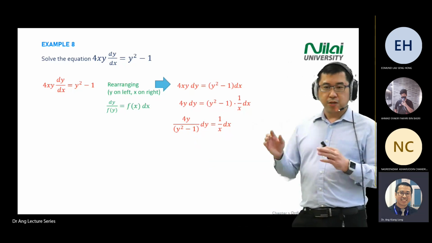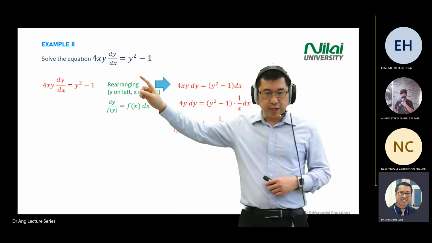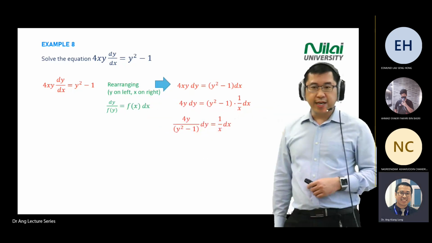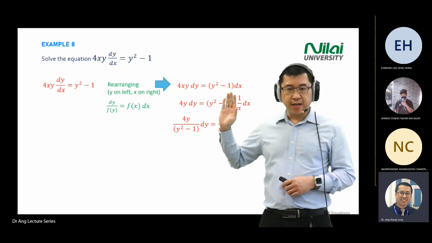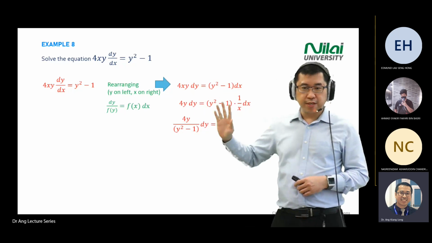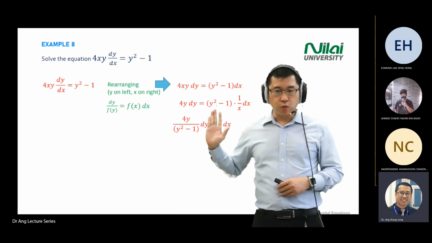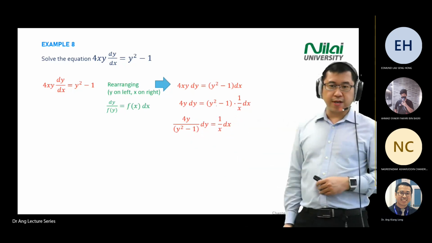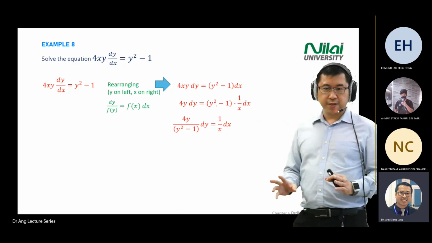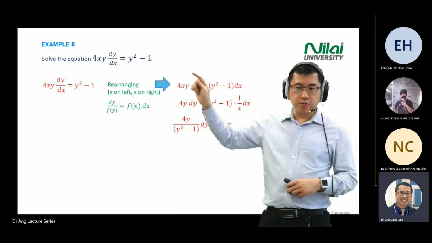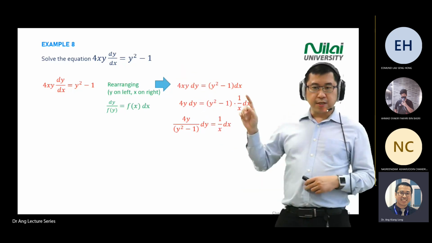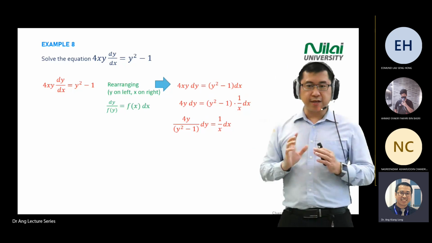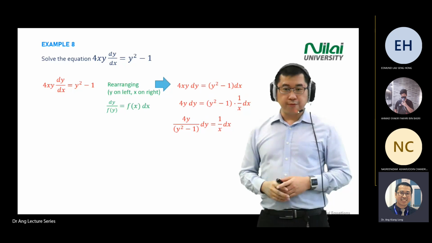So first step, write your equation in dy/dx. After that, arrange the equation: move all your y to the left hand side, move all your x to the right hand side. Remember these steps, because the equation in the exam or test will be changing. Just try to understand the strategy we use to solve.